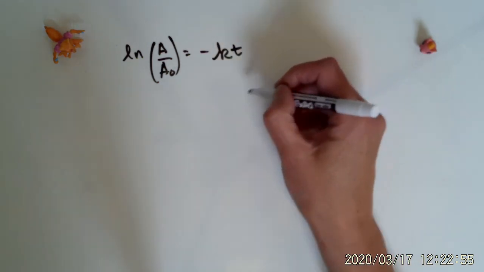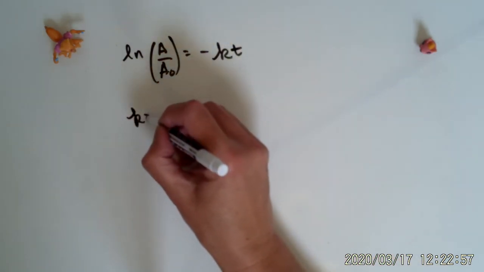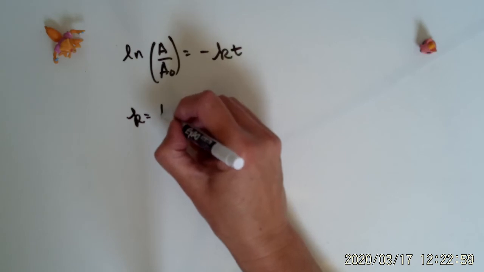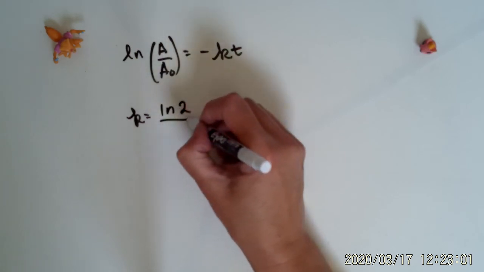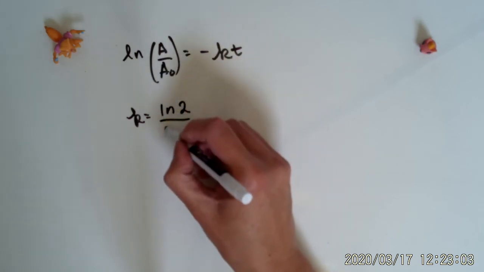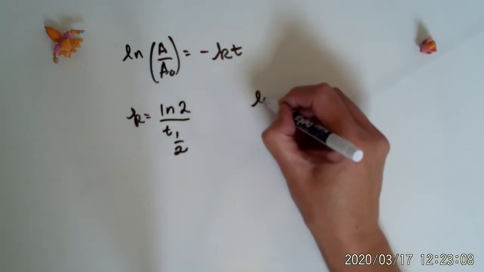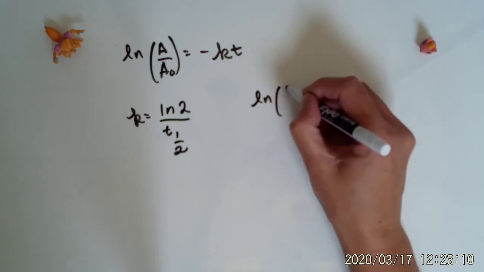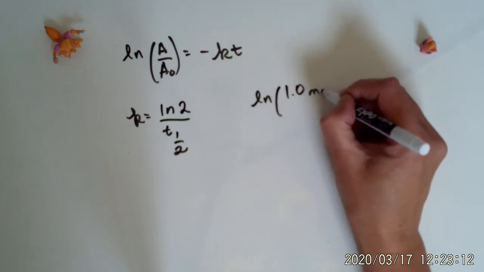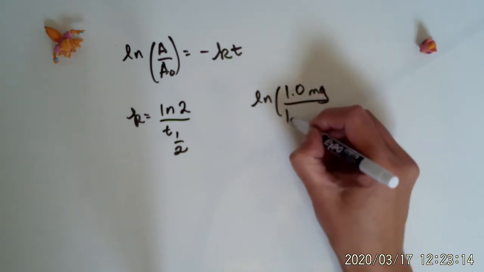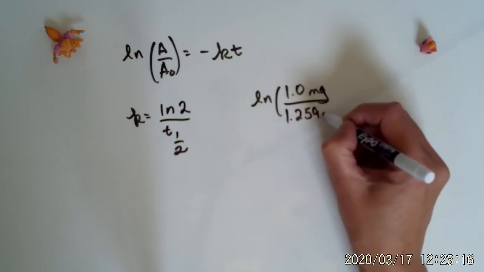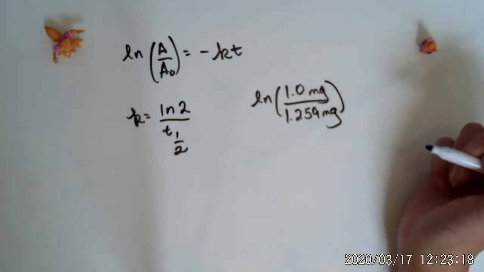And we know that K is equal to the natural log of 2 divided by T 1/2. If I plug that in, I have 1 milligram divided by the 1.259 milligrams. So this is all my uranium-238.